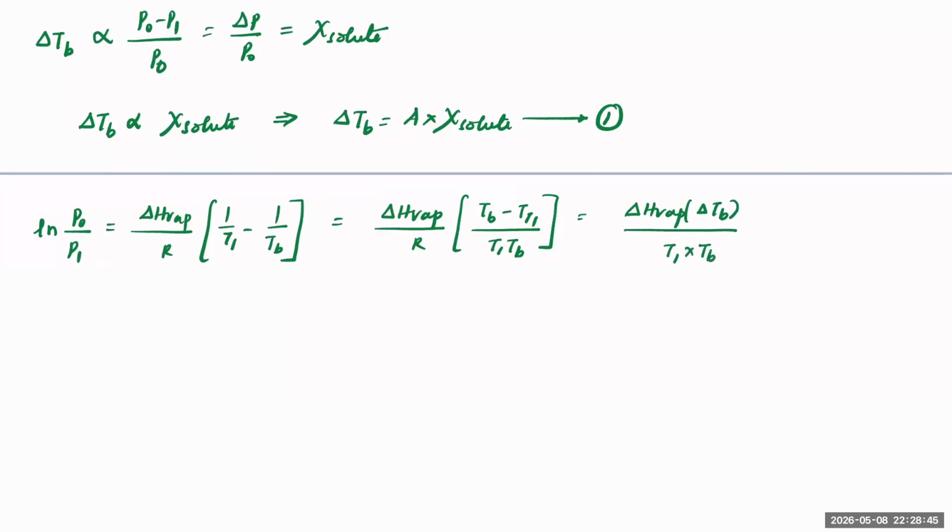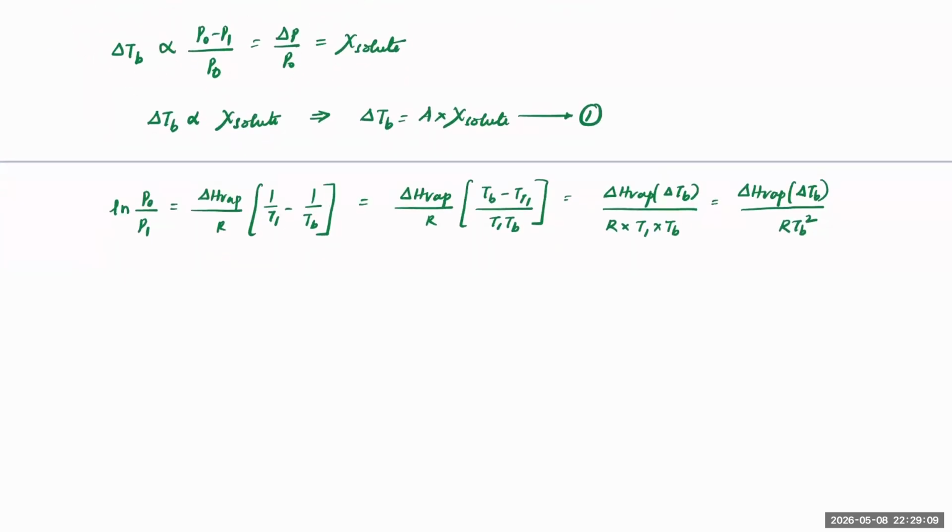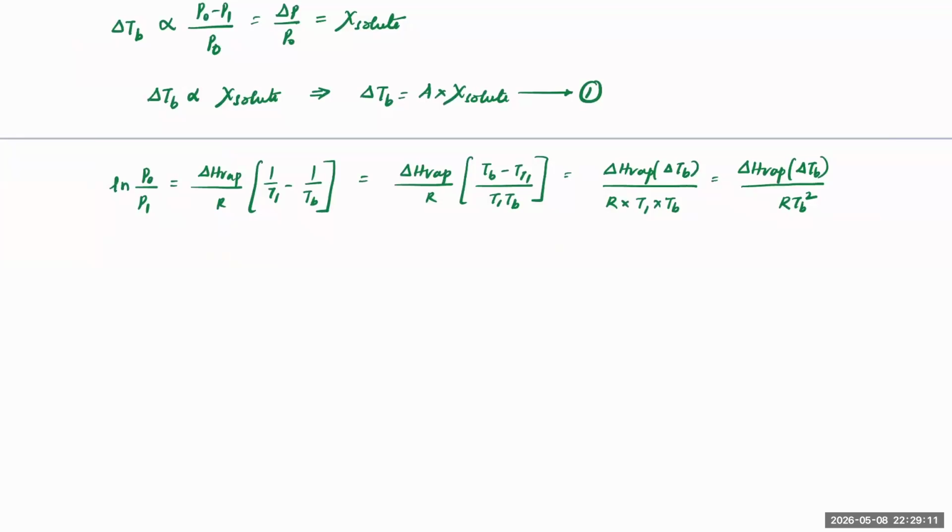Since we are taking these values in a very close range, because we are adding a very small quantity of solute, T1 and TB are very close values. So I can write this as delta H of vaporization into delta TB upon R TB square. This is ln P naught by P1.